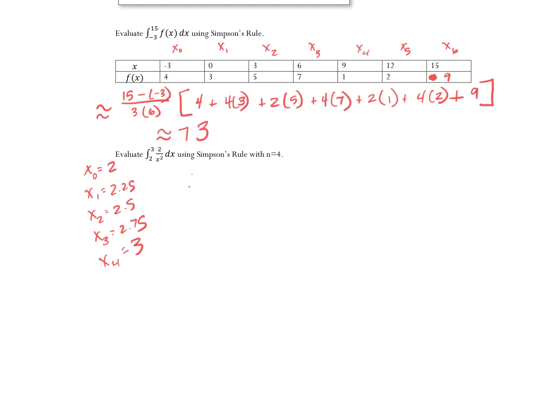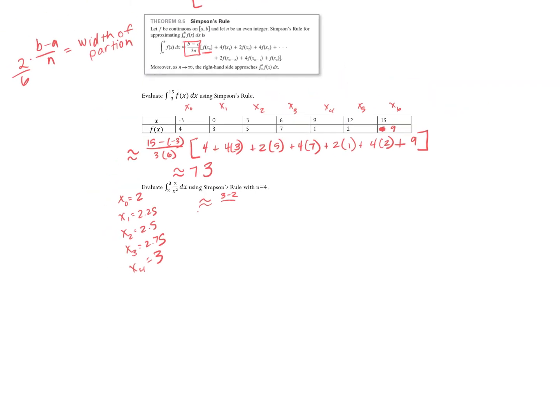So my approximation would be 3 minus 2 over 2 times what? No, it wouldn't be 2. What would the denominator of this be? B minus A over 3n becomes B minus A over 3 times 4. Okay, so are you guys cool if I call this 1/12?